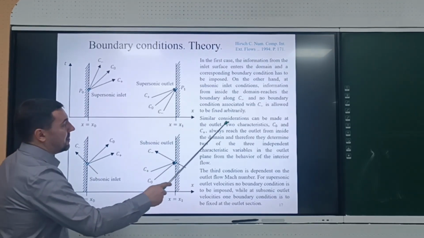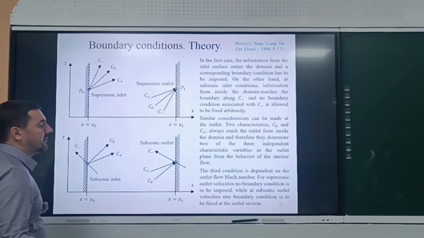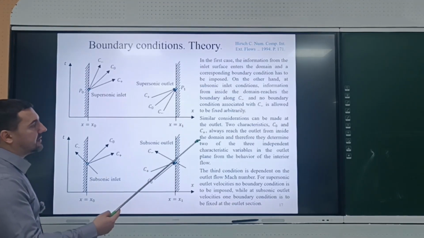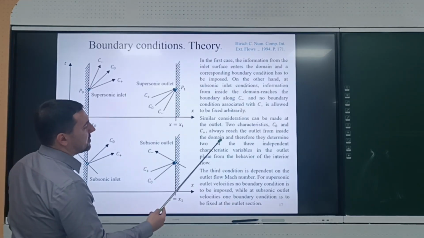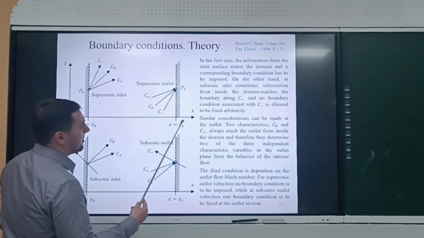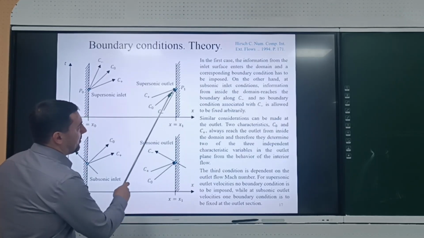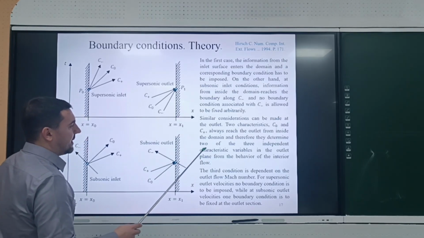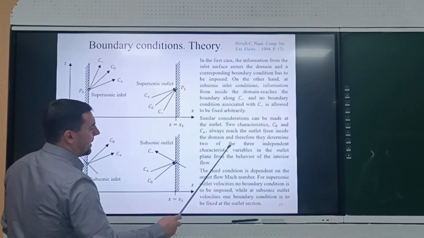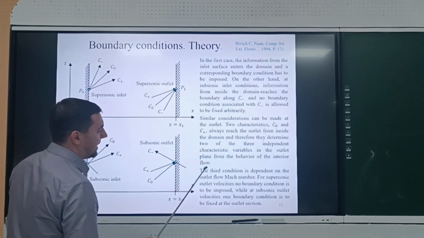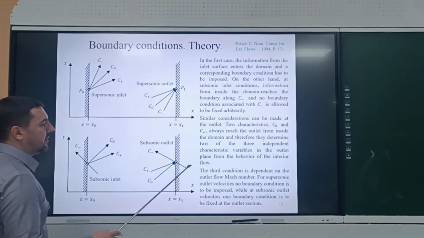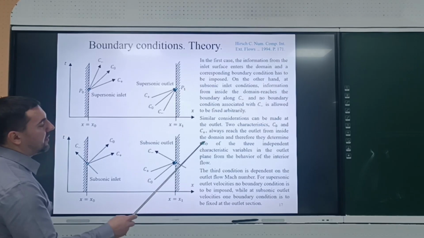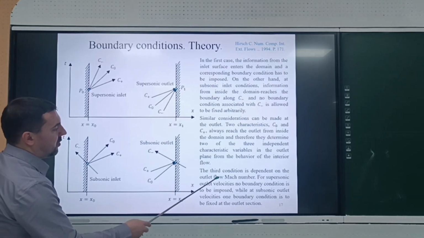Similar consideration can be made at the outlet. Here the situation is even more interesting. Two characteristics, C0 and C+, always reach the outlet from inside the domain, because the slope is positive, V and V plus C. And therefore they determine 2 of 3 independent characteristic variables in the outlet plane from the behavior of the interior flow. The third condition is dependent on the outlet flow Mach number.